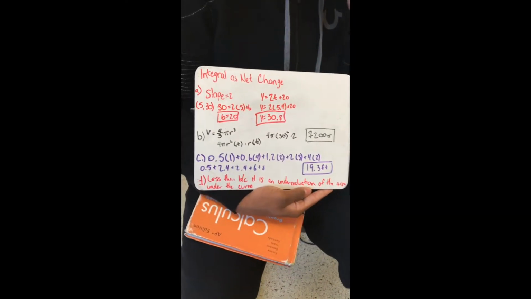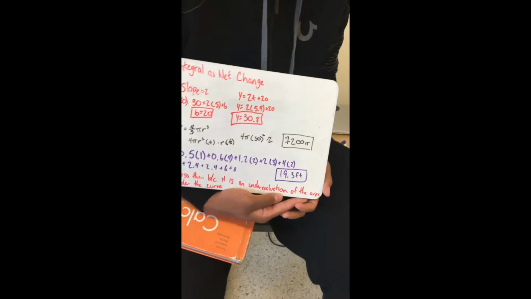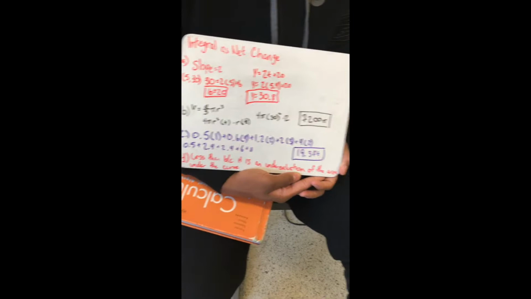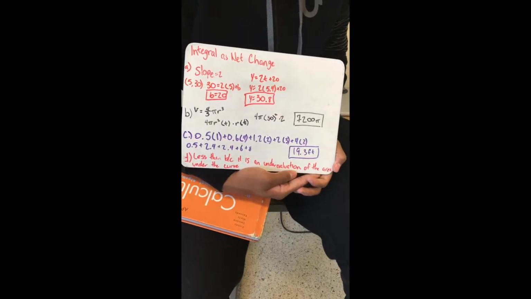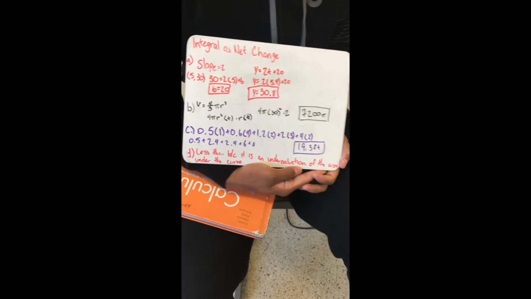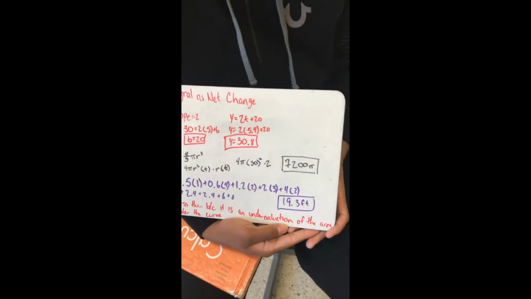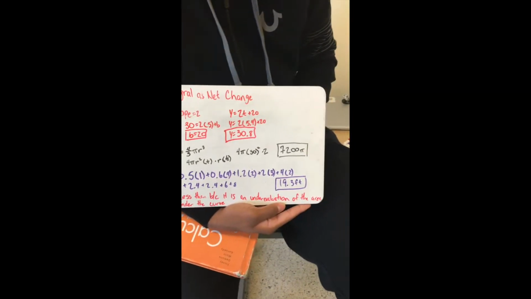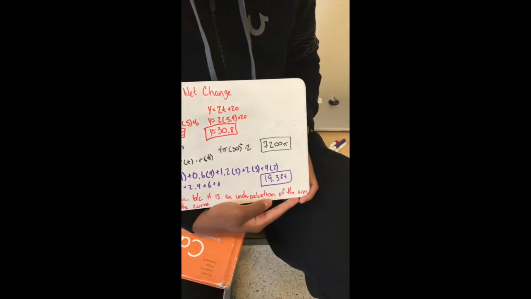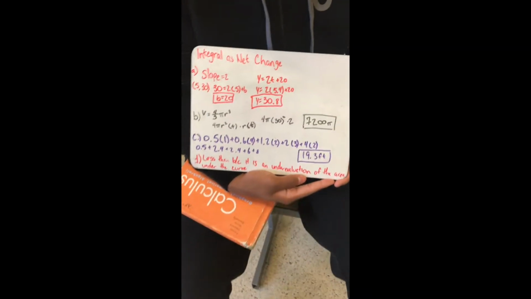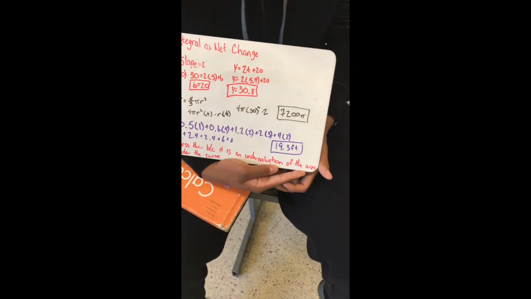Part A asks, estimate the radius of the balloon when t is equal to 5.4. Using the tangent line approximation at t equal to 5, is your estimate greater than or less than the true value? Give a reason for your answer. So here, we know that the slope is going to be equal to 2. But we are also given the point that when t is equal to 5, the balloon will have expanded to a radius of 30.